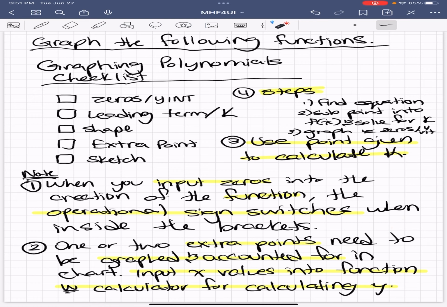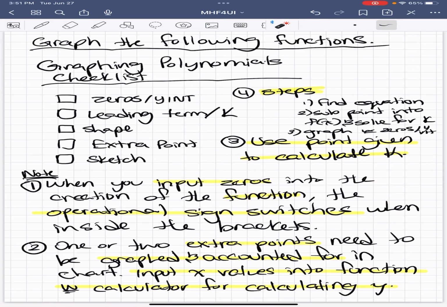There's an example there. So the operational signs of the x-intercepts change when inputted into the function or the equation that you create using the zeros.